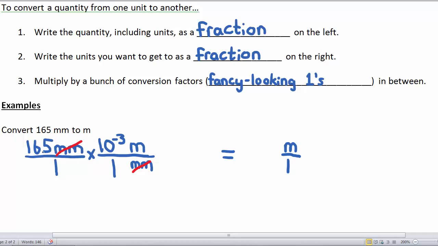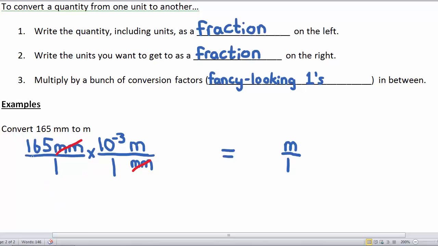And now, to get the answer, I just have to multiply 165 over 1 times 10 to the negative 3 over 1. You might remember that dividing things by 1 doesn't really change them. Now remember, to multiply something like 165 by a power of 10, I write the number, and then I move the decimal according to the exponent.